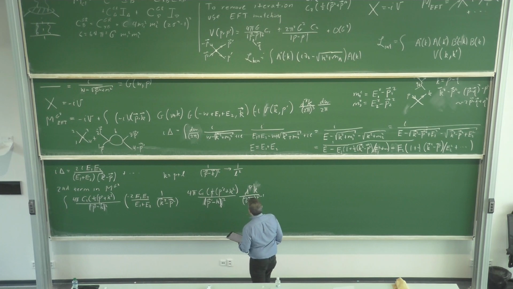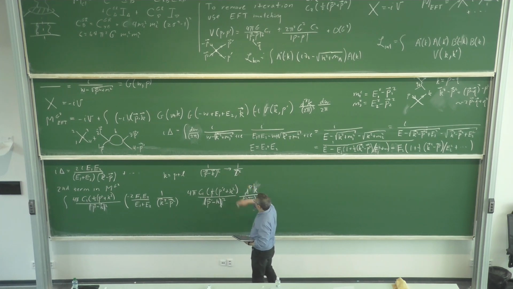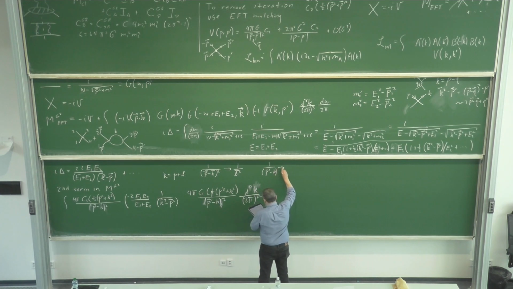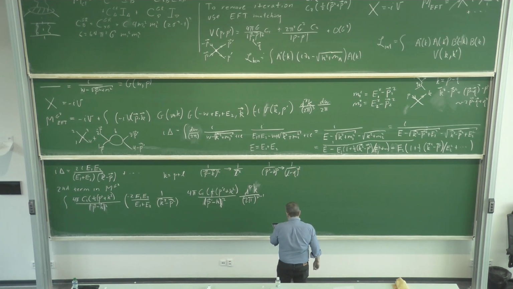So that's the graviton propagator, or the space components of the graviton propagator. And the same thing we can do on the other side, squared.